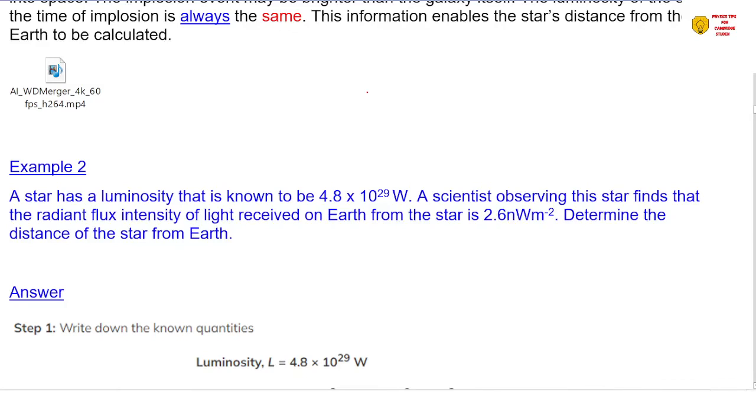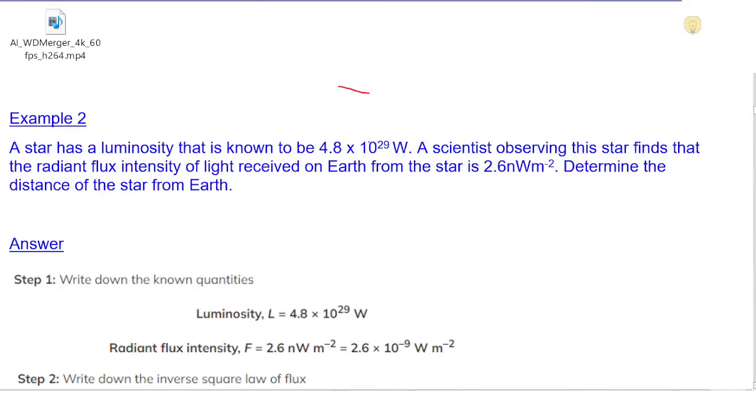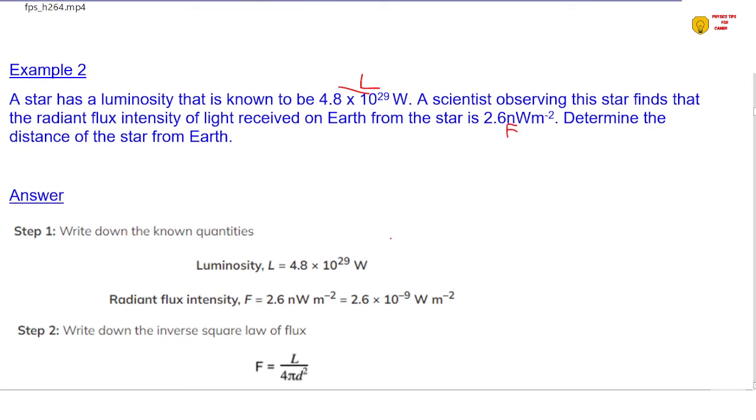So this is the luminosity, that is L, and F is this one. Remember, F is like intensity measured in watts per square meter. So that's what you have.